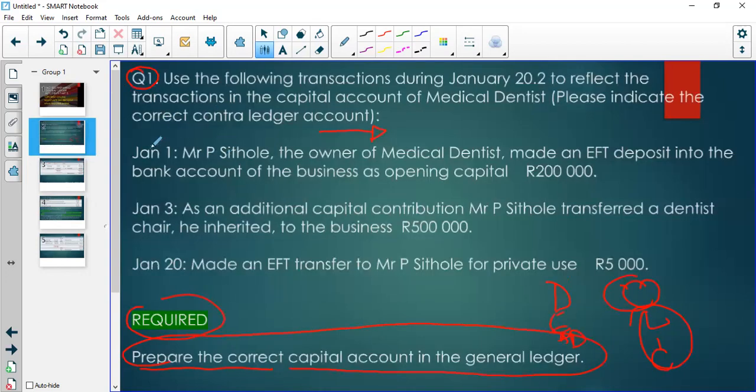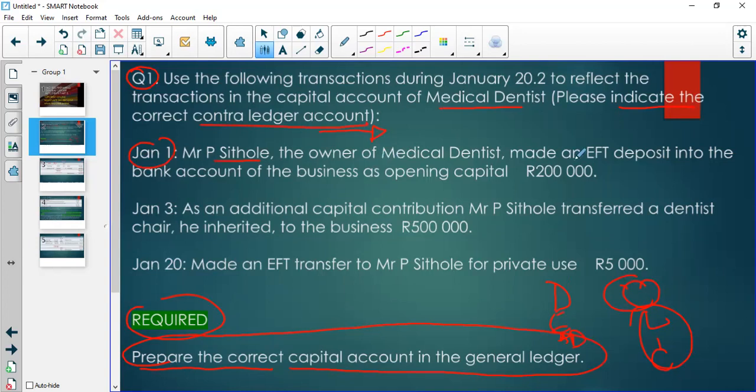On the 1st of January, Mr. Pistol is the owner of Medical Dentist. In this question, they want you to indicate the correct contra ledger account. The correct contra account is the account that was debited or the account that was credited. You remember this from part 1, but we explain it now as we start the recording.